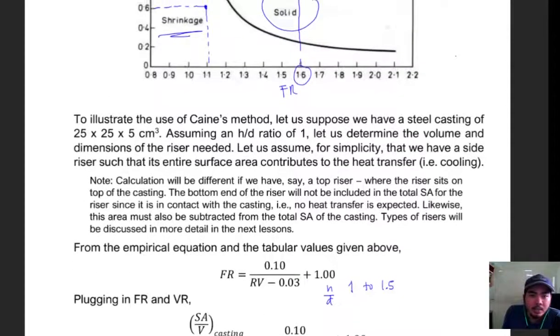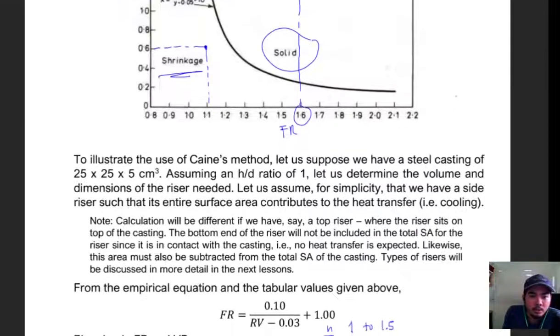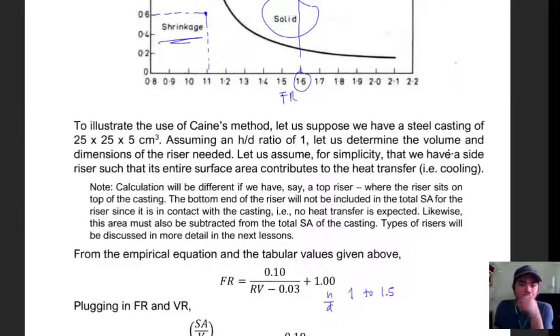And tall risers have lower volume to surface area ratios as compared to short risers. Okay? So what we will do here is, this is our object, no? And let me just create a new document.